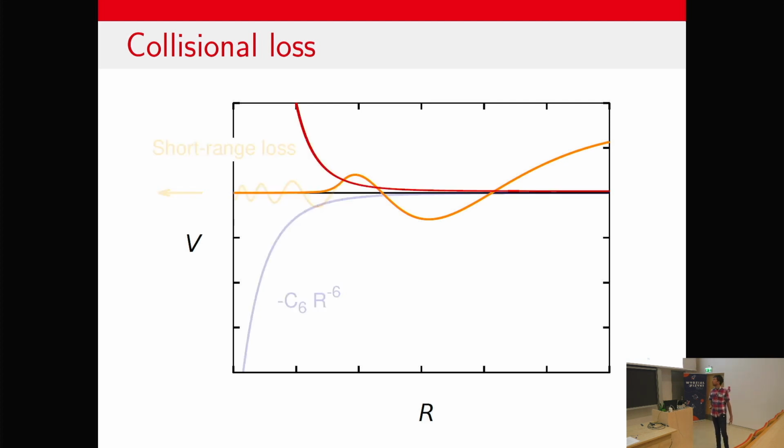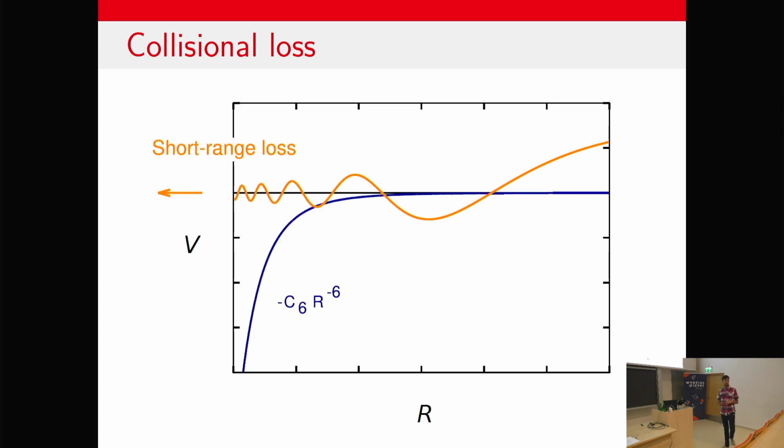In the last two talks, we've seen a lot of work on shielding, where we apply external fields, could be microwave, but also static electric fields, and there are some other proposals that create repulsive interactions between the molecules and prevent them from coming close together. With this talk, I want to take a step back and talk about what happens when we don't do any of that and we don't apply any external fields.